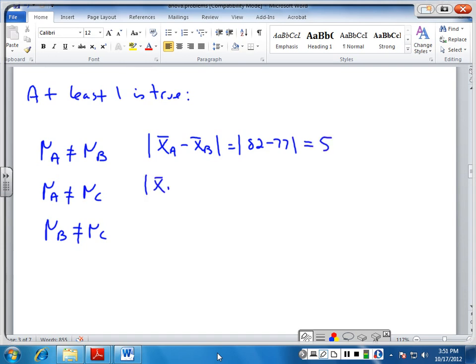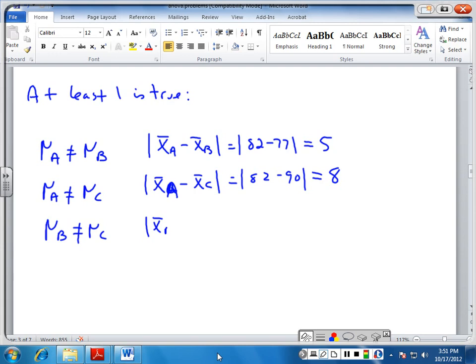X bar A minus X bar C. That one's 82 minus 90, so A and C differed by 8. Sorry, I had the subscript wrong on that one.